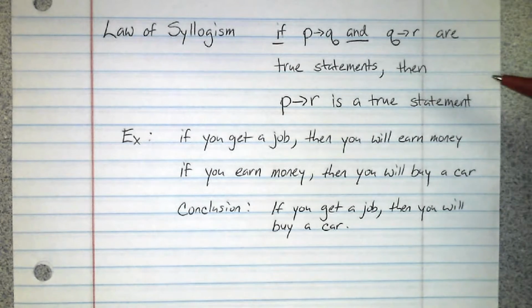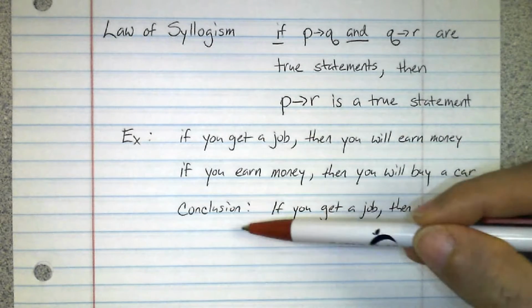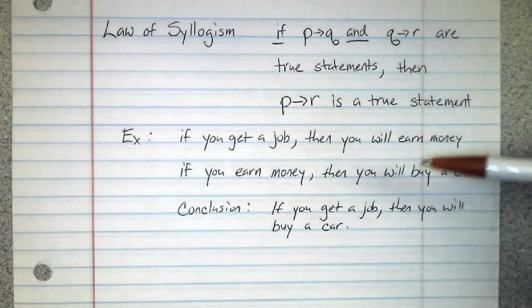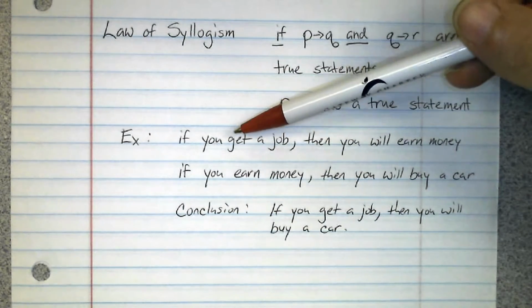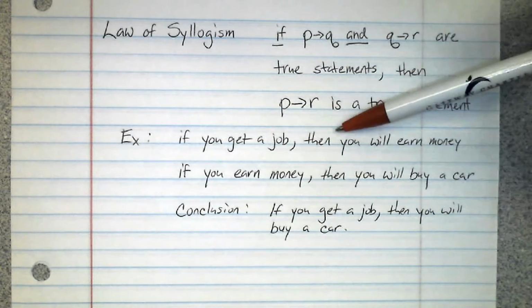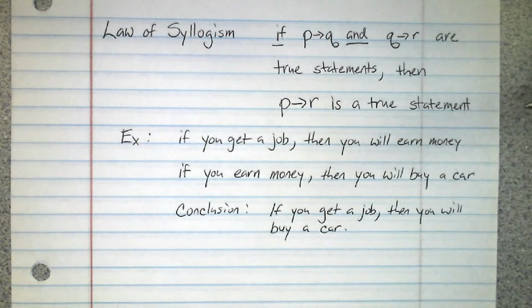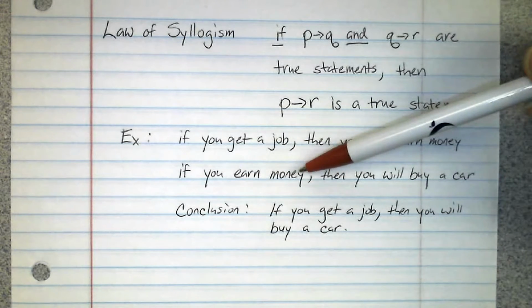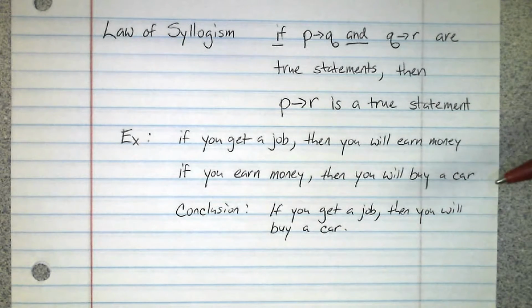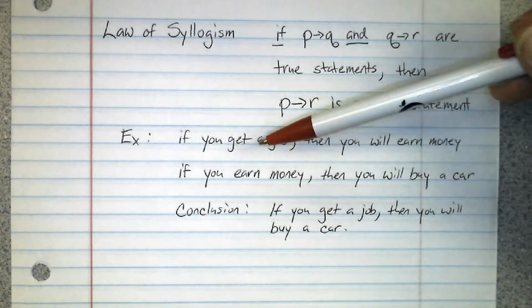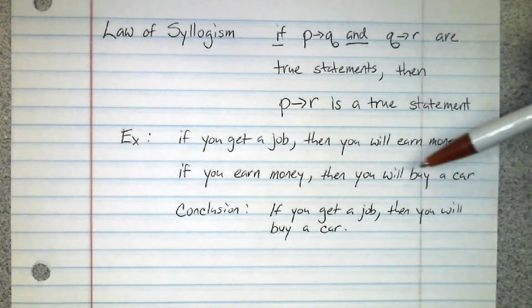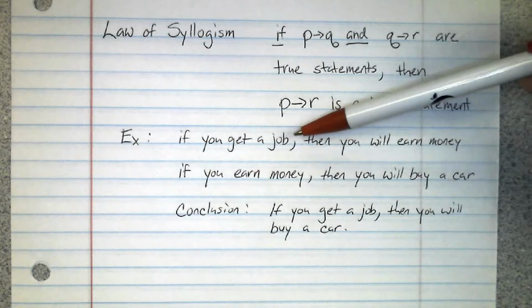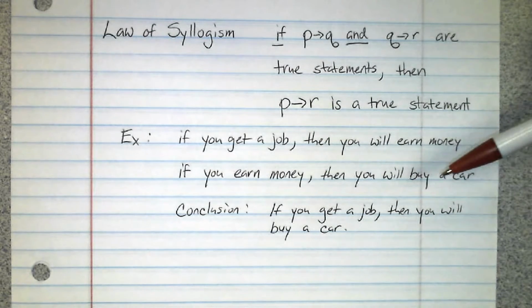Again, this is what you would get in a question. We have our two if-then statements. First, if you get a job, then you will earn money. Second, if you earn money, then you will buy a car. So the conclusion takes the hypothesis from the first and the conclusion from the second: if you get a job, then you will buy a car.